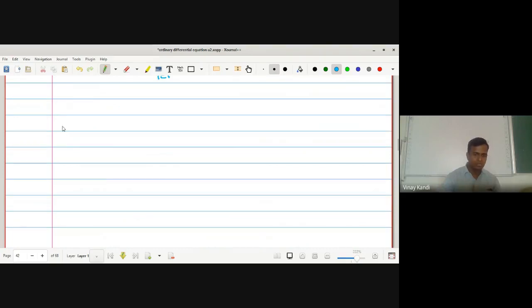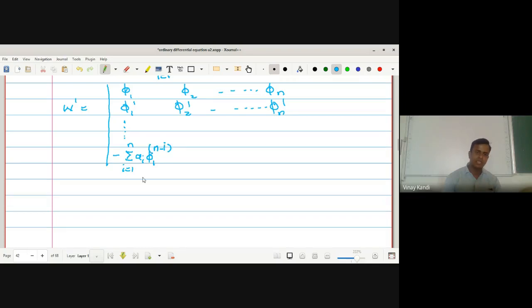So here we get W dash is equal to the determinant of phi 1, phi 2, up to so on phi n, phi 1 dash, phi 2 dash, up to so on phi n dash, up to so on, the last row phi 1 raised to n, that is minus summation i running from 1 to n ai phi 1 raised to n minus i. Is it correct?